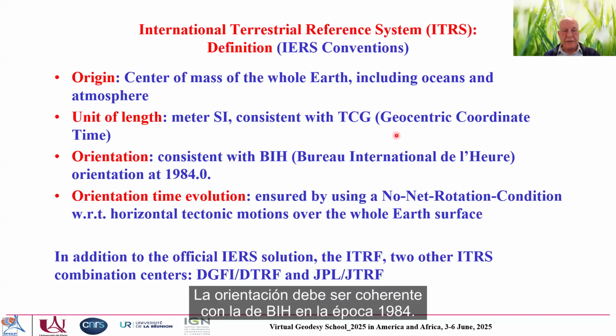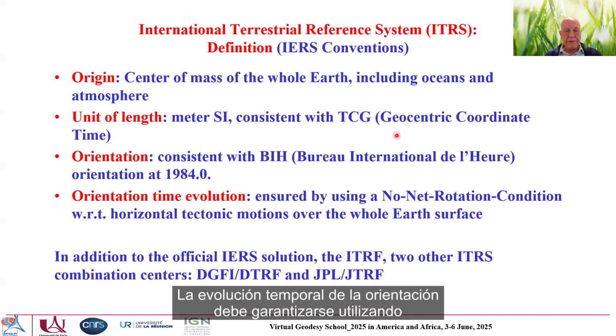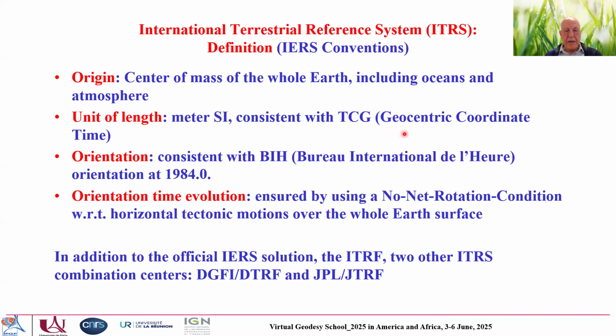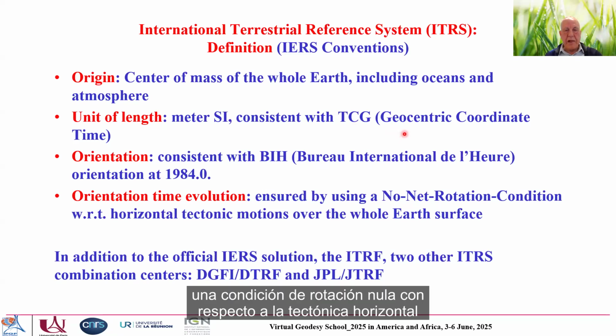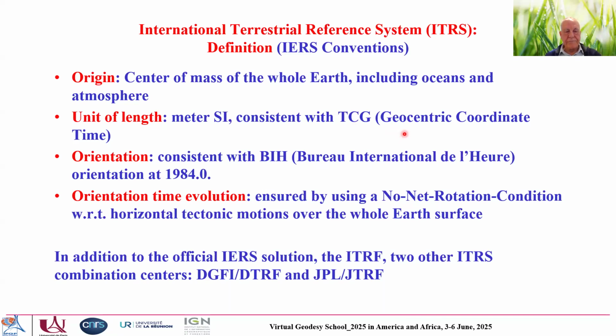The orientation should be consistent with that of BIH at epoch 1984.0. The orientation time evolution should be ensured by using a no net rotation condition with respect to horizontal tectonic motion over the whole Earth's surface.